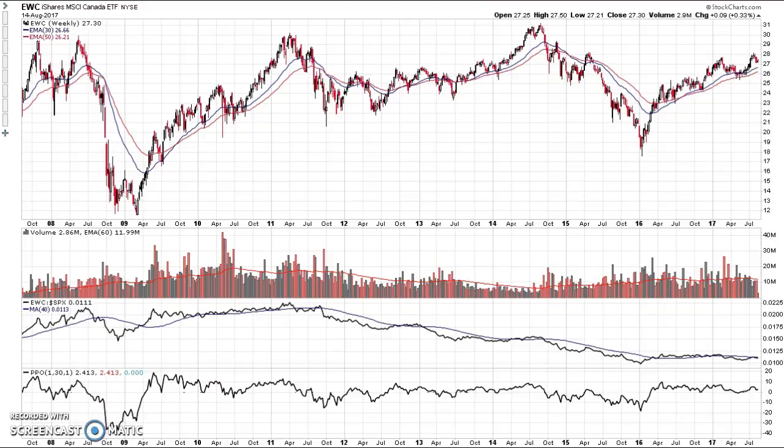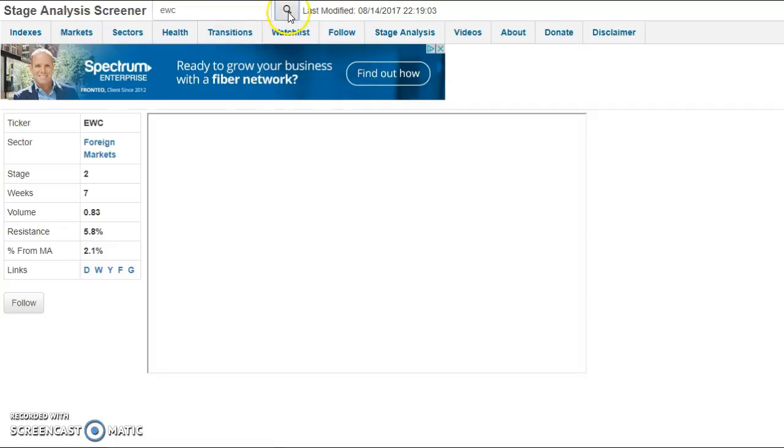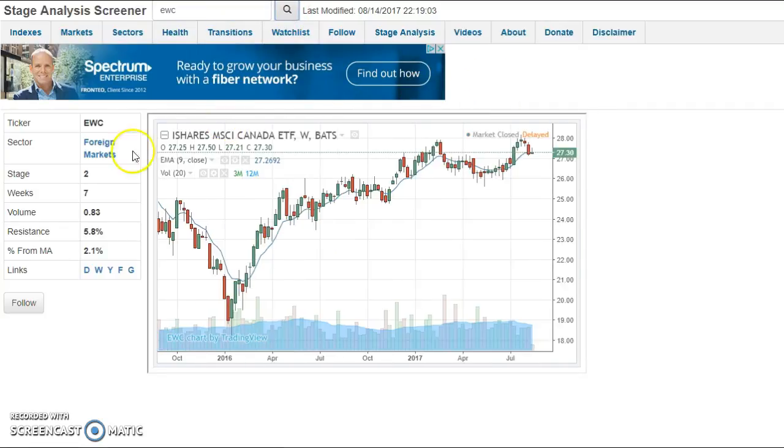But let's go over to the stage analysis screener, and if we just type in EWC at the top, we can see that it's still in stage 2, but it's not too far away from the moving average, so it's just trending above it at a very moderate pace.